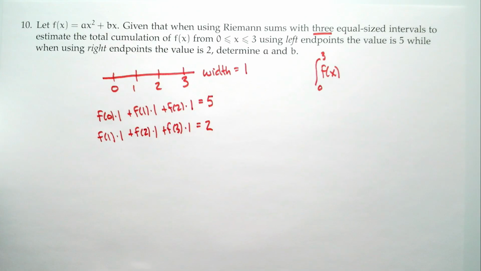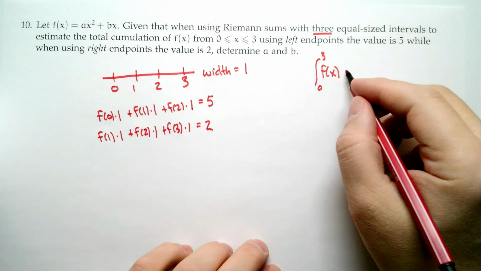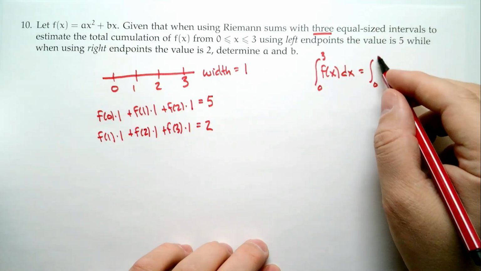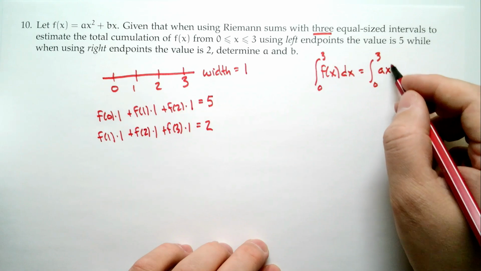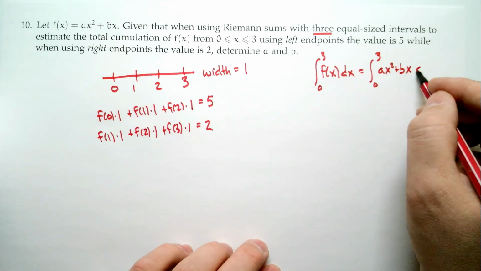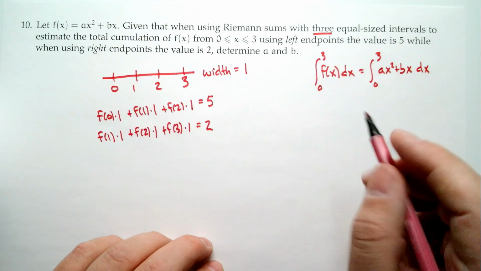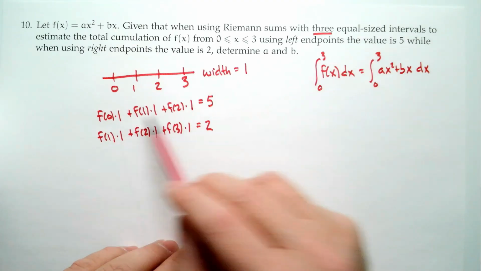We're told that when we estimate using the left, we got 5. When we estimate using the right, we got 2. And the question is, what's our a and b? So remember that this function is not just any function, it's a function ax squared plus bx. So, well, let's actually figure out what our function values are.